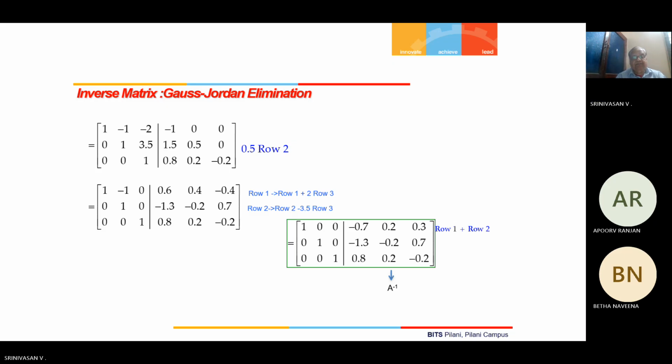R3 is divided by minus 5. So we have made this 1, 1, 1, so that correspondingly you have changes here also because of division by minus 1, because of multiplication by 0.5, and this is division by minus 5.